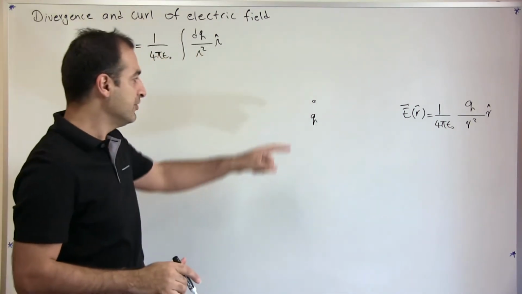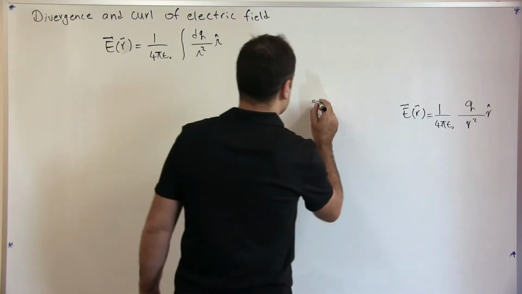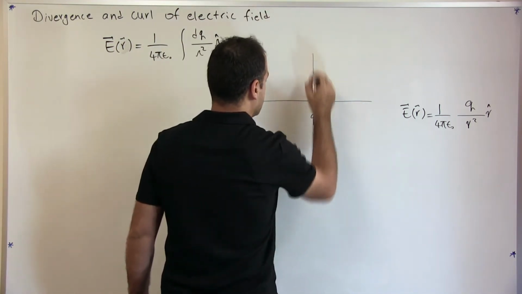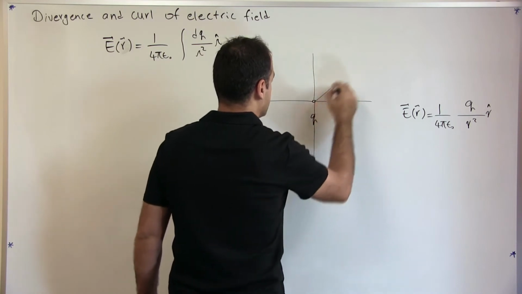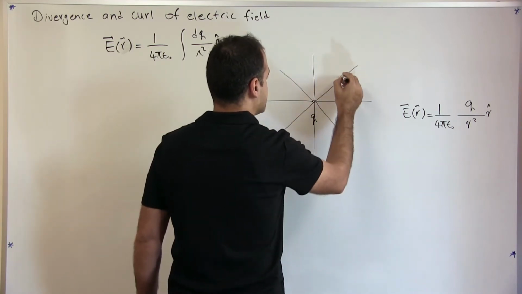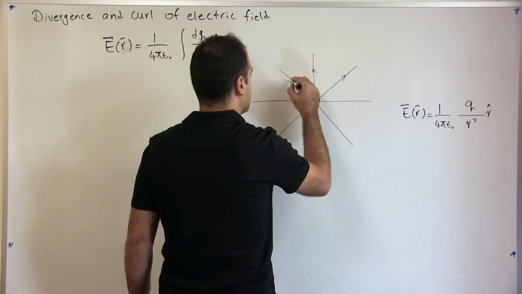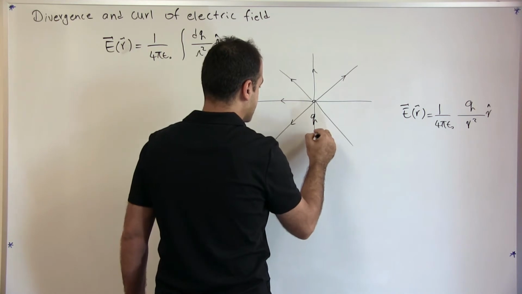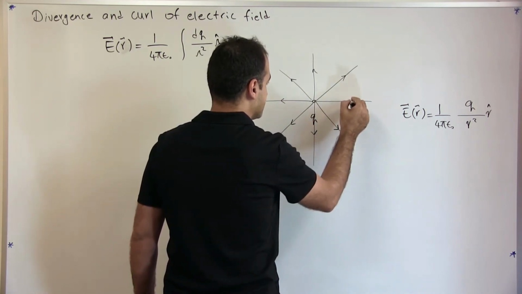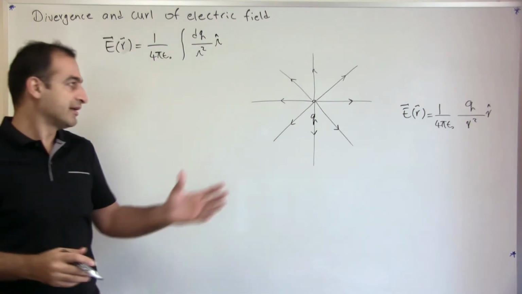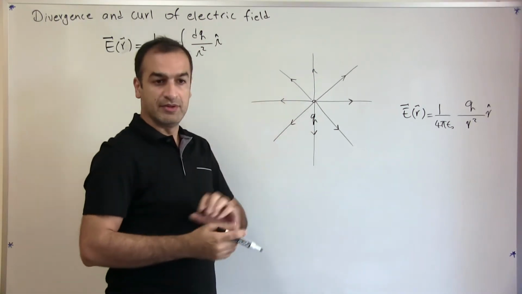So if you have a point charge at any point, the direction of the field lines are straight going away from this point charge, something like this. If it's positive, it's going away. If it's negative, it's going to converge to the origin. So something like this is what we get for one single point charge.